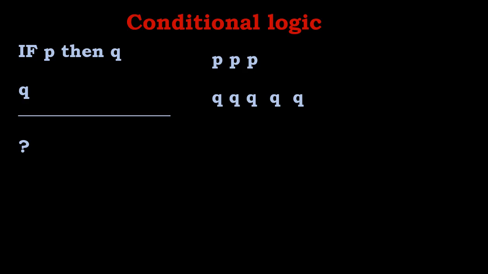Okay, so let's try a different argument with P and Q. So if P then Q, now I said Q is true. Now, what can I conclude following a valid argument?